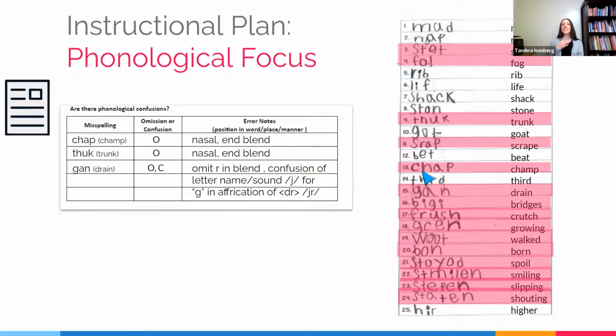They omitted that nasal in that end blend. The word trunk, they did the same thing. They're omitting a nasal from the final blend. And in the word drain, they omitted the R in the blend. They also have that confusion with the J sound for that DR blend and that affrication that we're going to talk about in more depth in just a few moments.